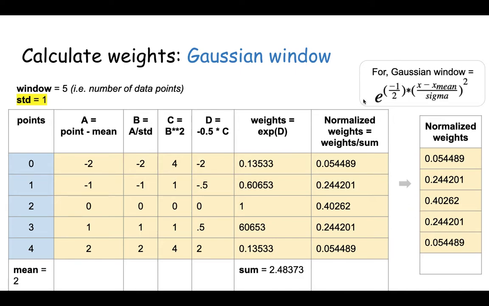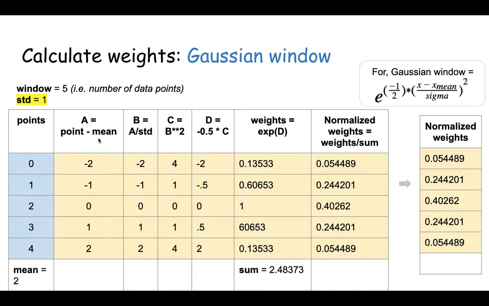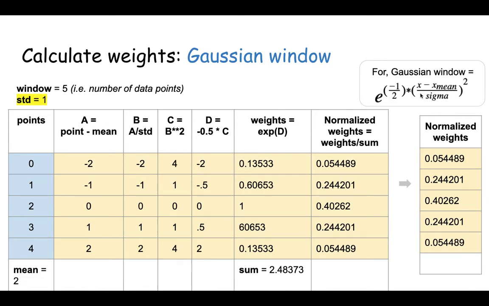As we see on this slide, we have set a window of 5, which is 5 data points we are going to look at, and then we set the standard deviation of the window to be 1. If we look at these data points here, say from 0 to 4, we center them in this column A, and after we center them we divide by the standard deviation. So we are right now working on this part of the equation.